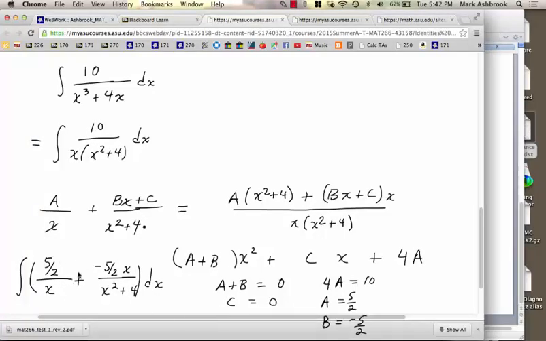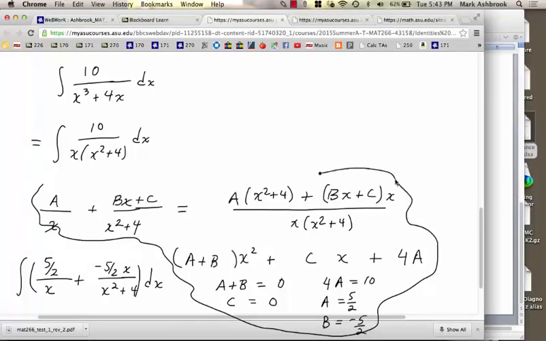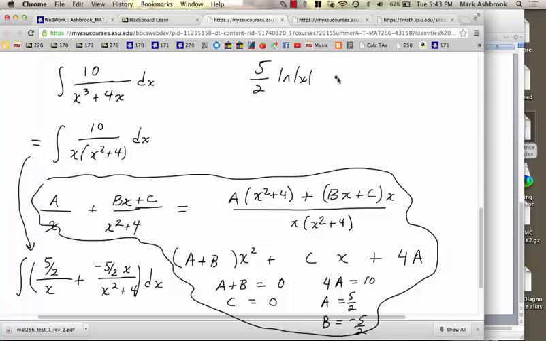This is our side work here. That was our setup, and here's what our integral equals. 5 halves over x is 5 halves natural log of x, plus or minus 5 halves, x over x squared plus 4.